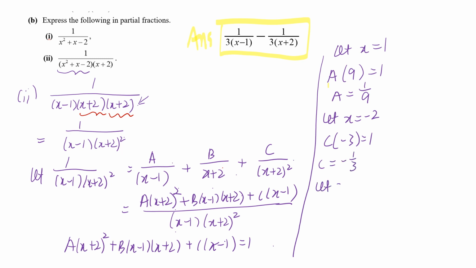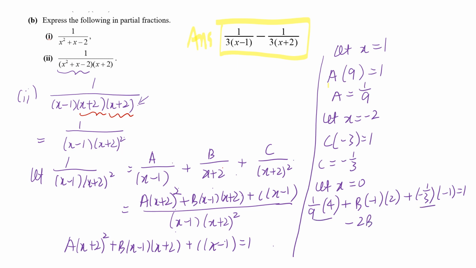The last one, you can just let x equal to 0. A very useful number to use. 0 plus 2, 2 squared will be 4. Then substitute your A to be 1 over 9, B, negative 1, 2, C is negative 1/3. Negative 1 equals to 1. All right, that will be negative 2B. This one, just use a calculator to work this out.